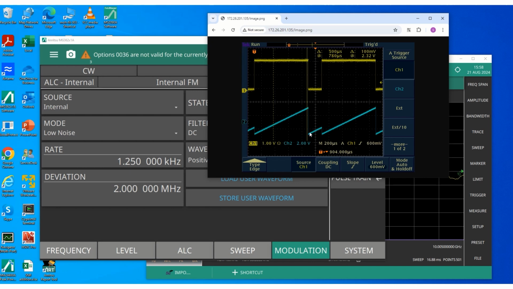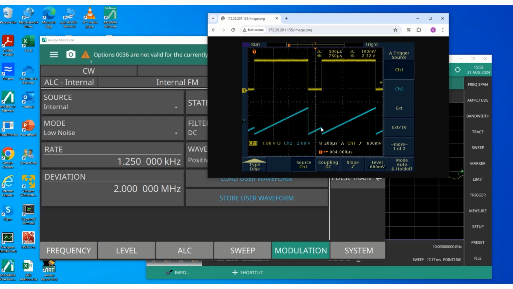Don't worry about this ramp, because what the signal generator does is it always synchronizes the start of the ramp with the start of the pulse. And in the off period you really don't care about it, because the RF is off during that period. Your chirp is off.